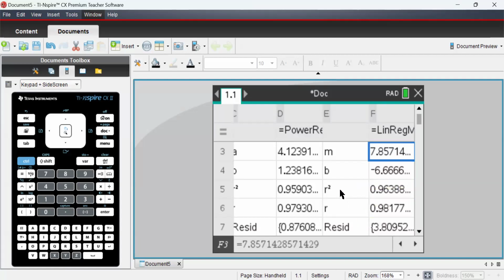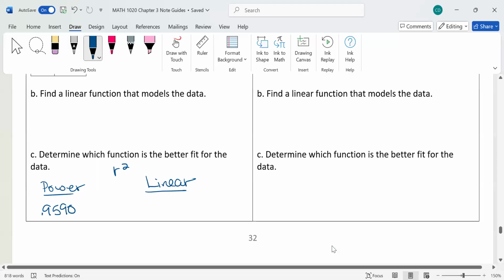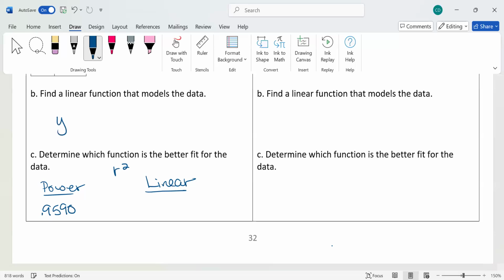And just make a note of the r squared value, not the r, but the r squared. All right, so this is linear, so y equals 7.86x minus 6.67. And that r squared value was 0.9639.